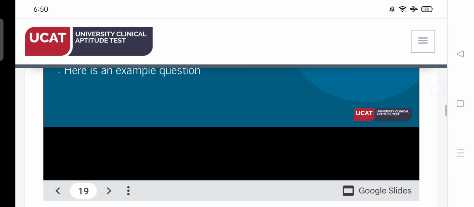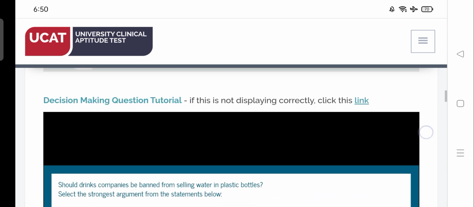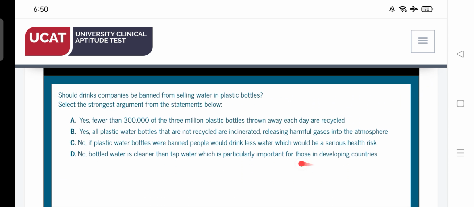So here we have an example of this type of question, which is: should drinks companies be banned from selling water in plastic bottles? Select the strongest argument from the statements below. Now the four arguments are given. Most of them could be true, but we have to choose the strongest one.